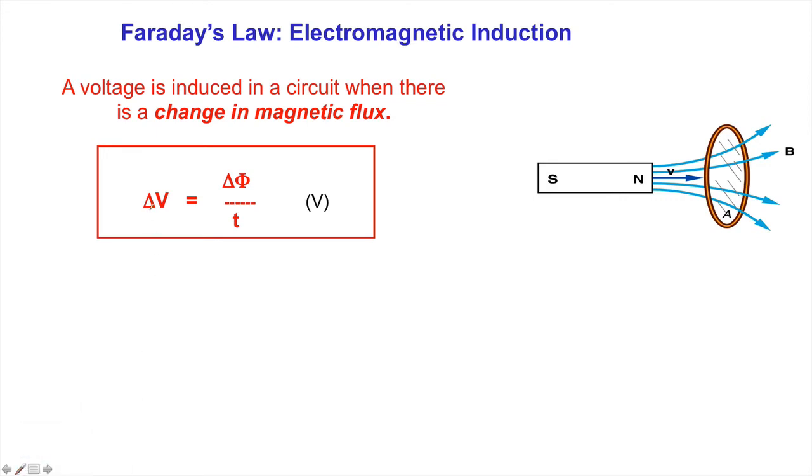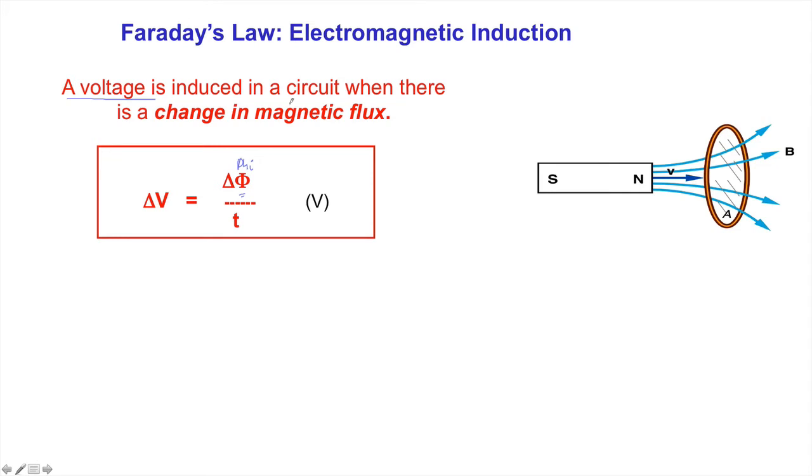So how do you calculate the amount of voltage that is created? Delta phi, the Greek letter phi, represents the change in magnetic flux. Divide that by time, and that is what the voltage is.